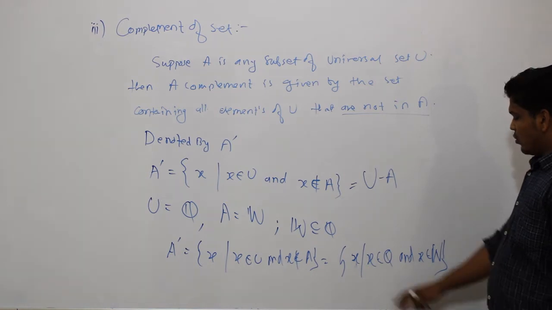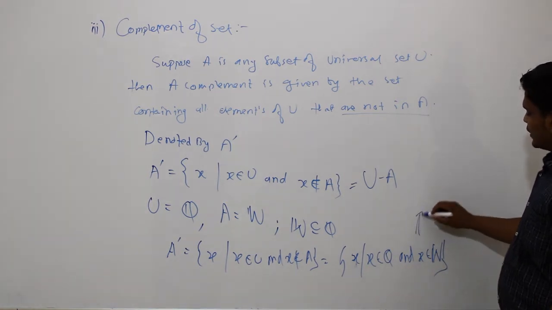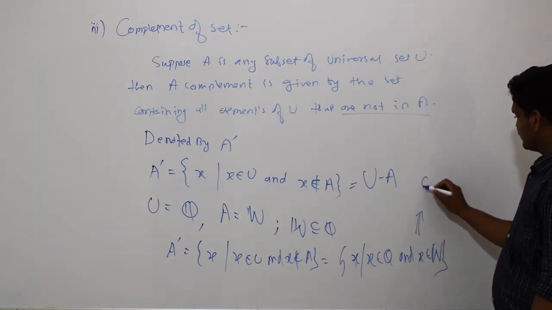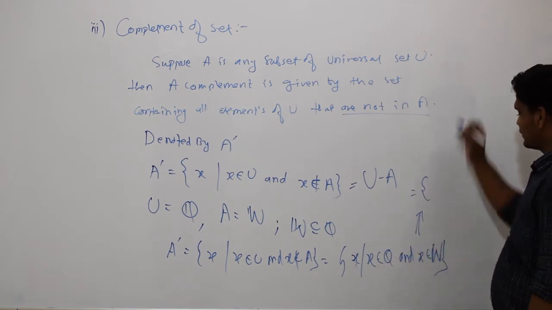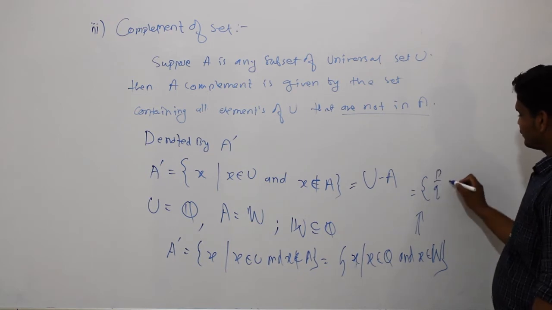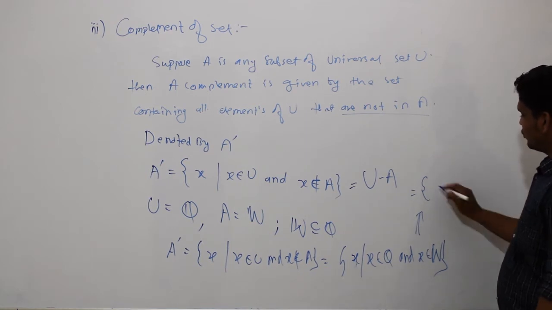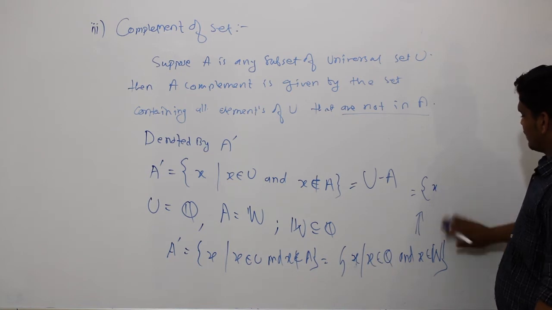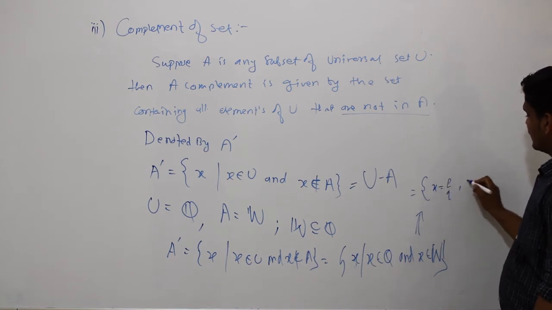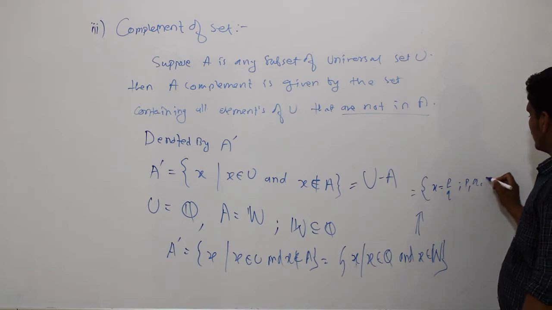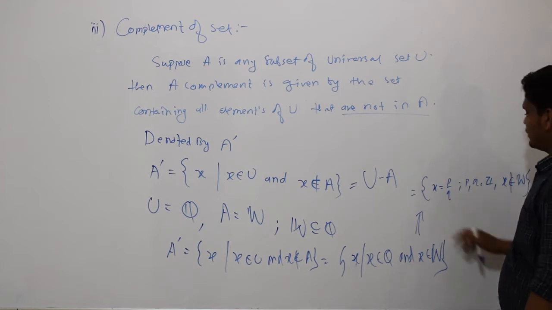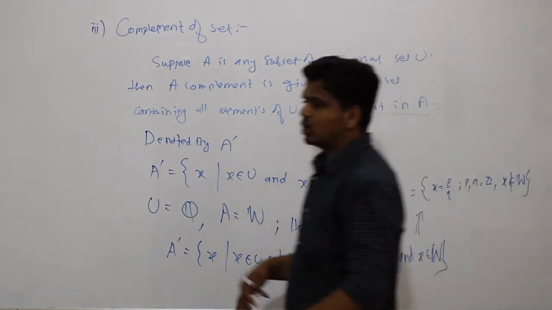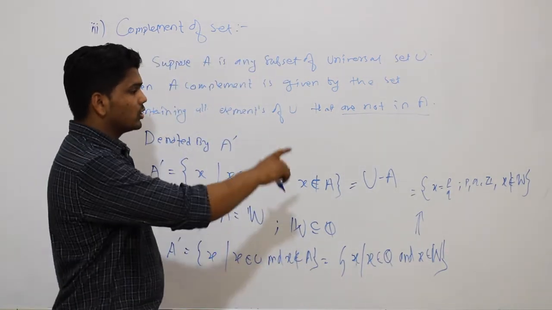Okay, what will this be? This will be nothing but the set of all X rational numbers that are not whole numbers, that are X equal to P by Q, where P, Q belong to Z, but X will not belong to W. Means you will ignore the whole numbers.